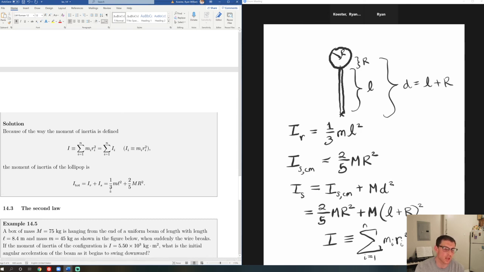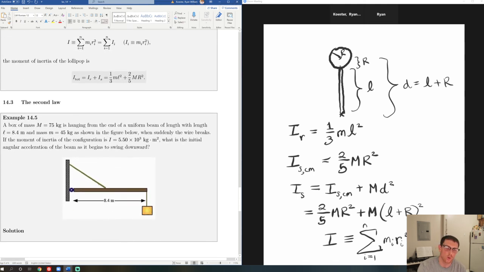Whenever we have some combined system, and we know the moment of inertia of each of the objects in the system about the same axis, we can just add all the individual moments of inertia up to find the total moment of inertia, okay? It's a very important idea, and it just comes back to the idea of the moment of inertia being defined as a sum, right? Okay, cool.